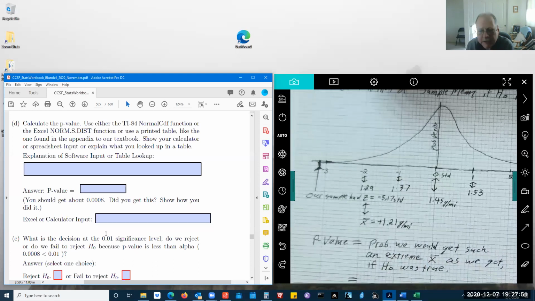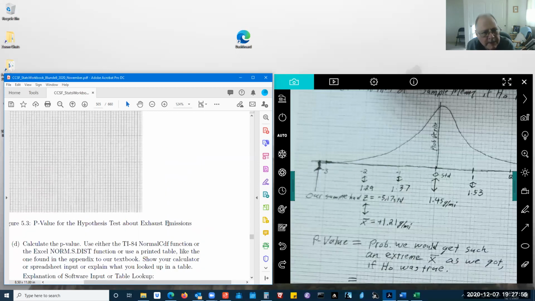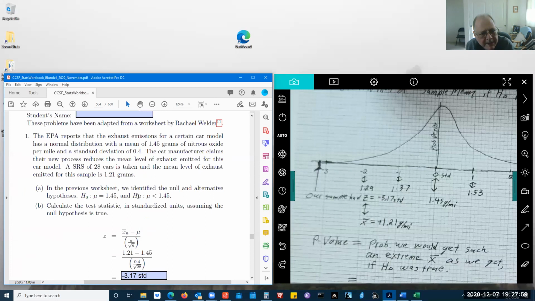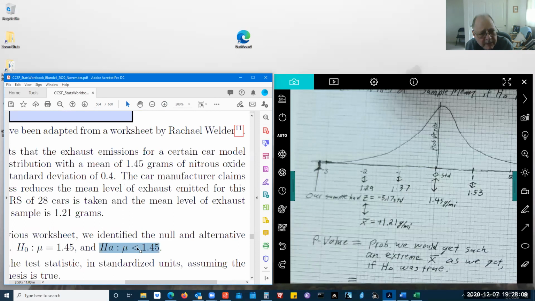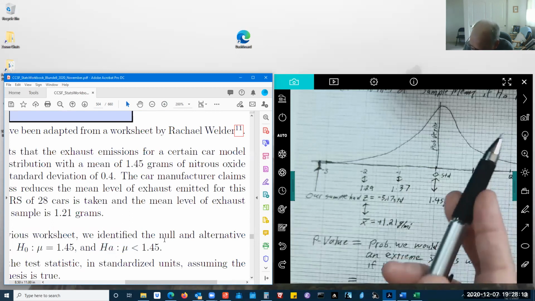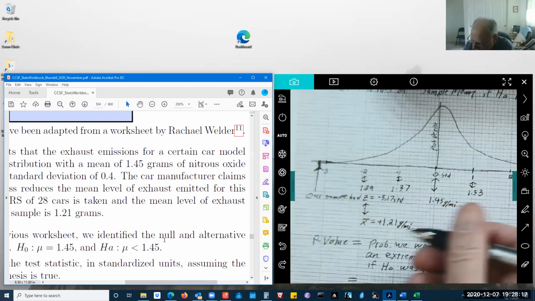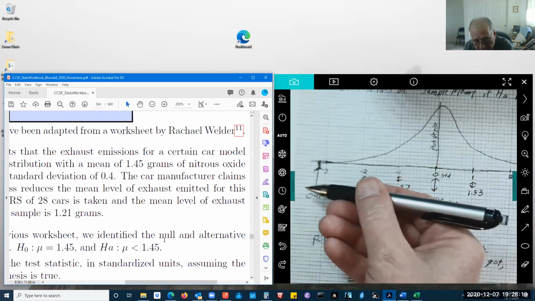Now, what do I mean by extreme? Well, this is a one-sided, left-sided alternative hypothesis. So we're trying to find what's the probability, we'd reject the null hypothesis if the sample mean was far off to the left.